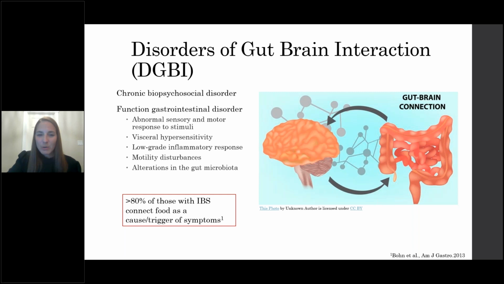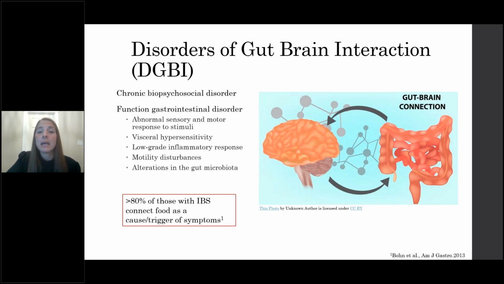And all of these are appropriate and acceptable, and they all include that there's an abnormal sensory and motor response to stimuli. And that stimuli may be something that's ingested. It could also be stress or anxiety, as we'll see is built into some of these mechanisms of action.